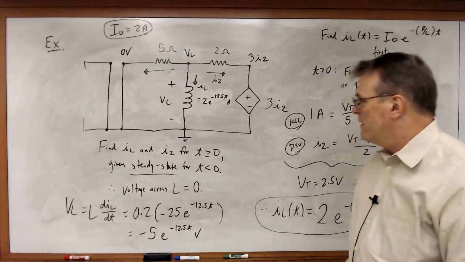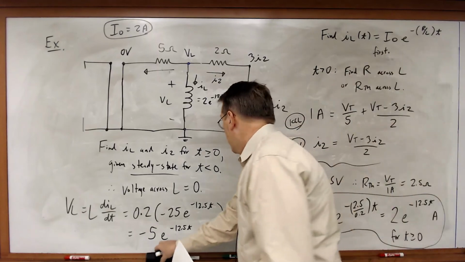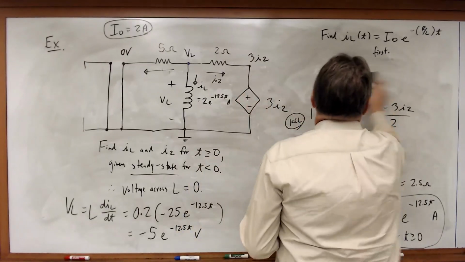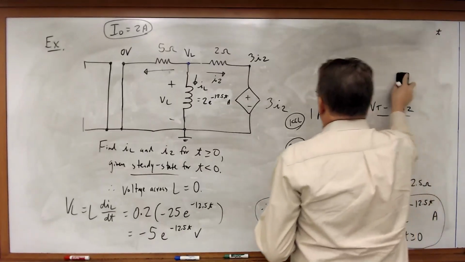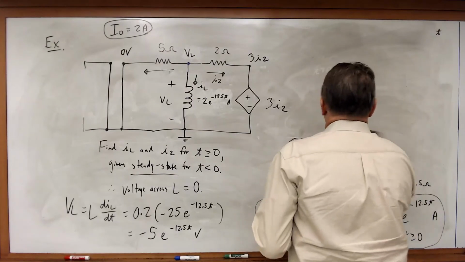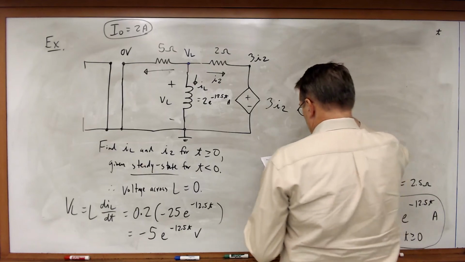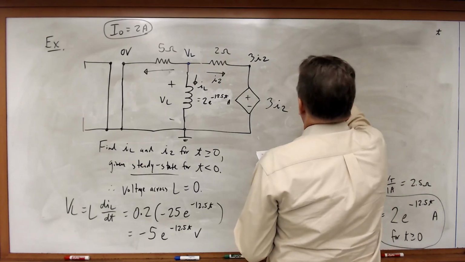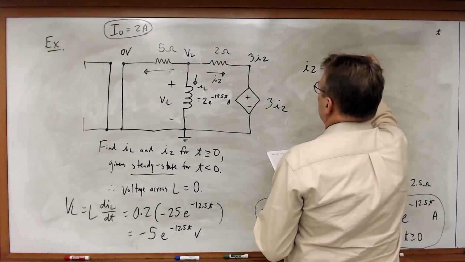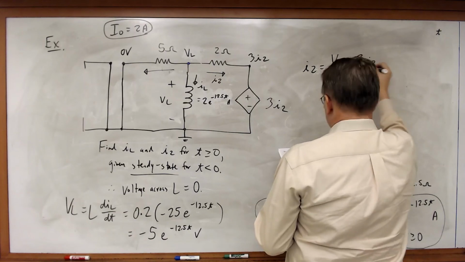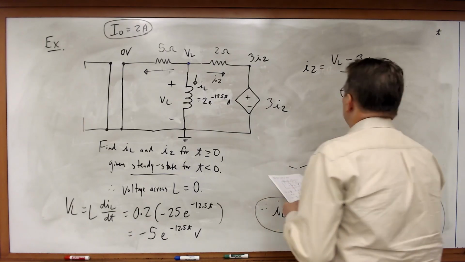So that's VL, and therefore from here, what I get is that I2 is equal to VL minus 3I2 divided by 2.